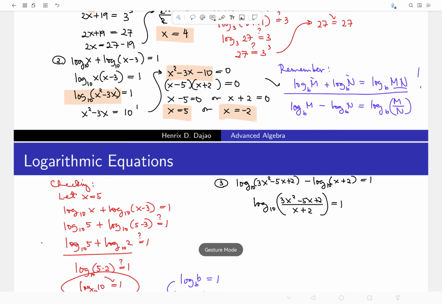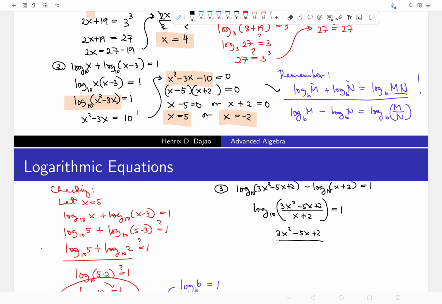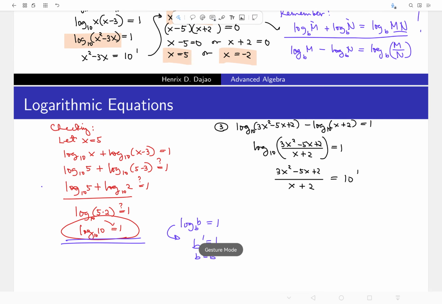So that becomes 3x squared minus 5x plus 2 over x plus 2 is equal to 10 raised to 1. Okay. So we're going to solve this rational equation.